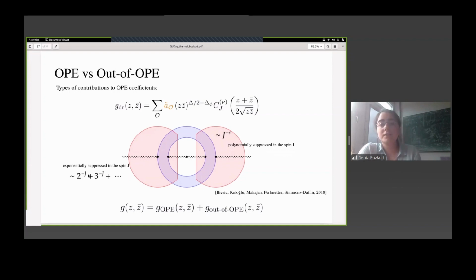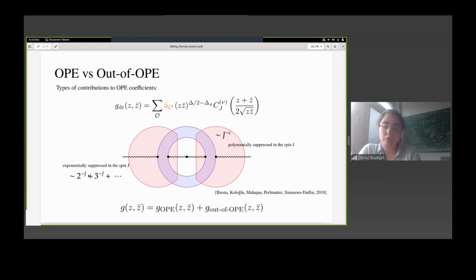So this we did for GFF and also the O(N) model in epsilon expansion, because these are nice examples that have a very small number of operators contributing. And once we consider infinitely many operators contributing to the 2-point function, this method gets harder and harder.